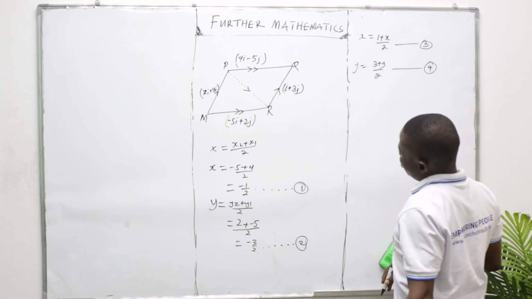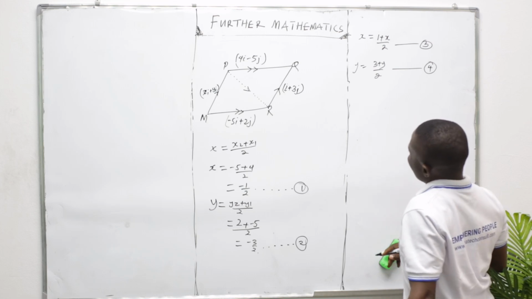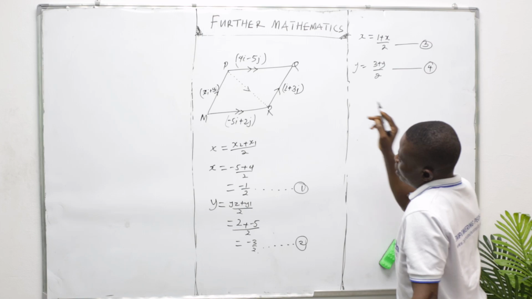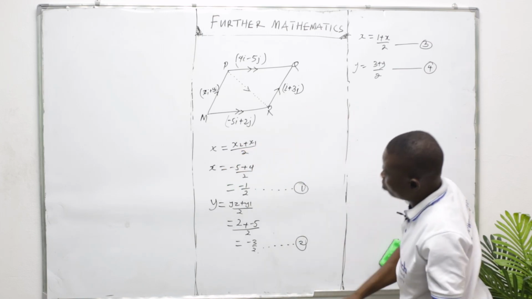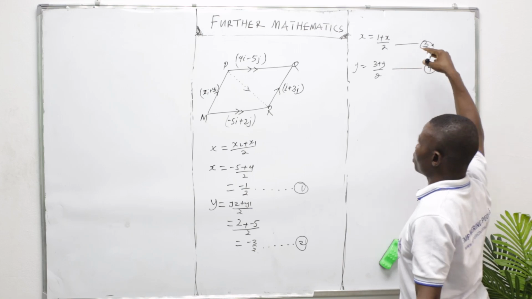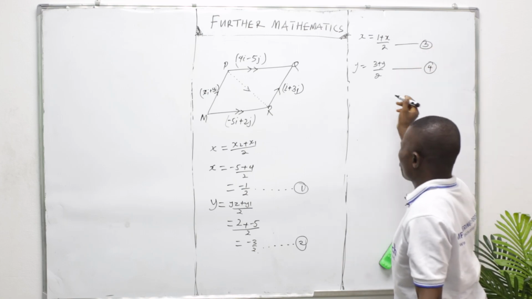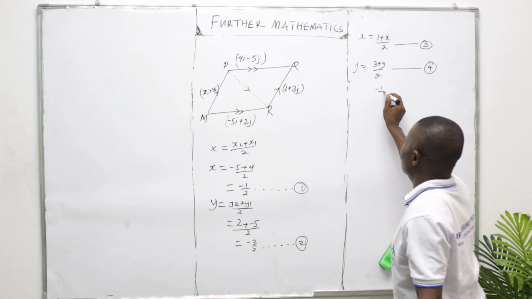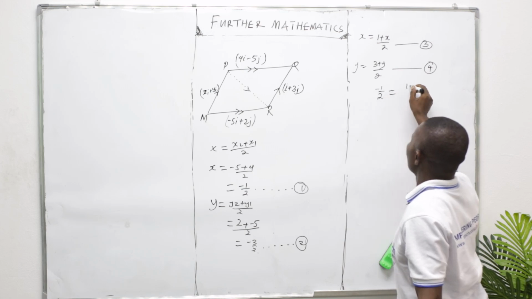Bringing my equation 1 and equation 3 together, recall that x is minus 1 over 2, and in equation 3, x is 1 plus x all over 2. So why not say minus 1 all over 2 equals 1 plus x all over 2.